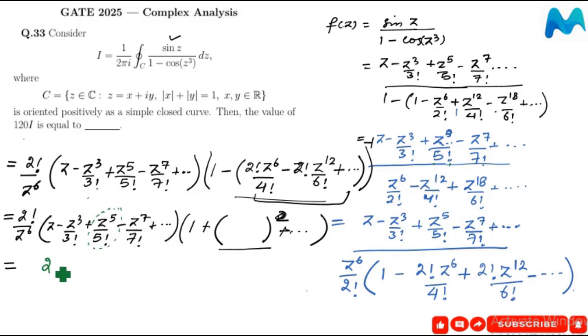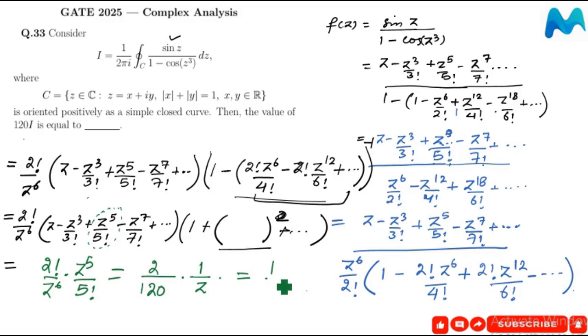So what we get here is 2 factorial, and here will be z^6, and here z^5 over 5 factorial. So it will be 2 over 5 factorial, which is 120, and that will be 1 by z. So it will be 1 over 60. So the residue will be 1 over 60. That is the coefficient of 1 over z.